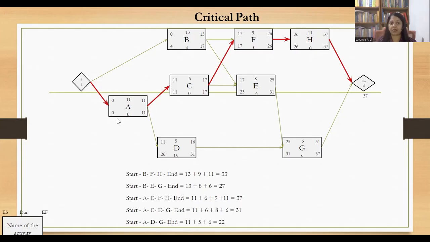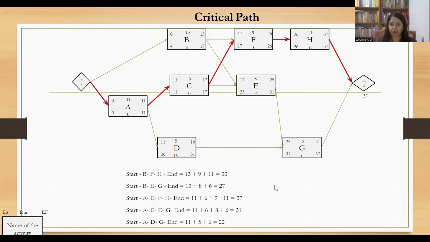The third path is start, A, C, F, H, end. The fourth path is start, A, C, E, G, and end. And the last path is start, A, D, G, and end.